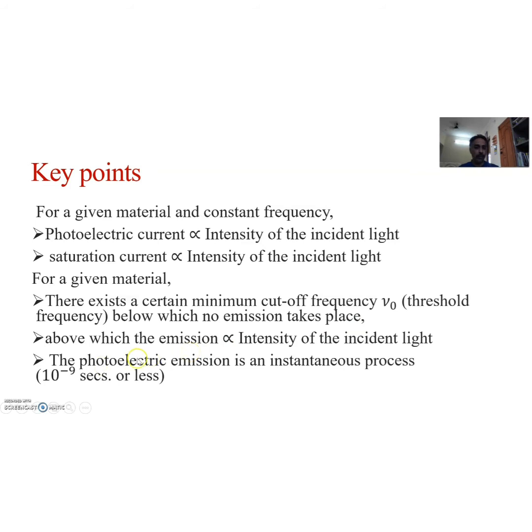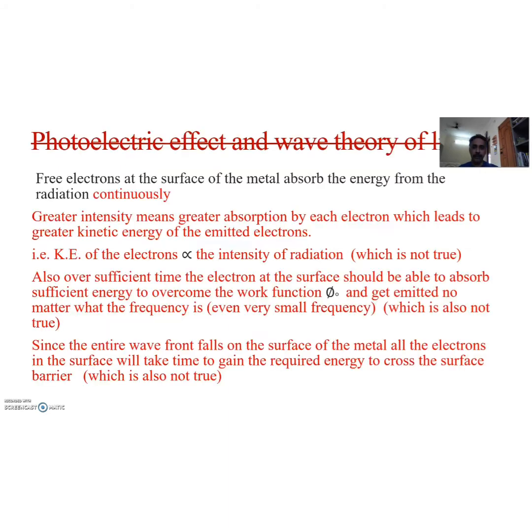And one more thing is that photoelectric emission is an instantaneous process. As soon as the light radiation falls on the cathode plate, the photoelectric emission takes place. So there is no time lag, right?